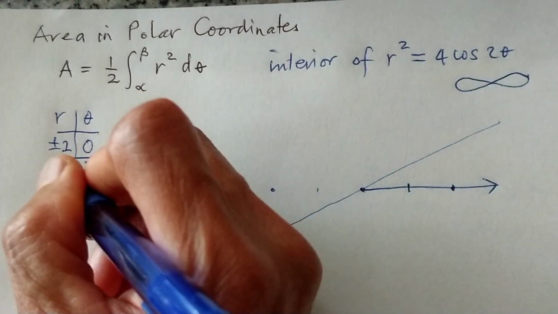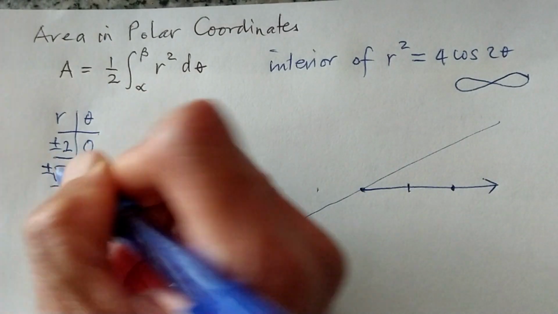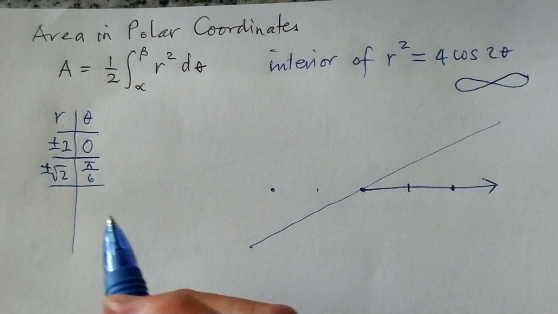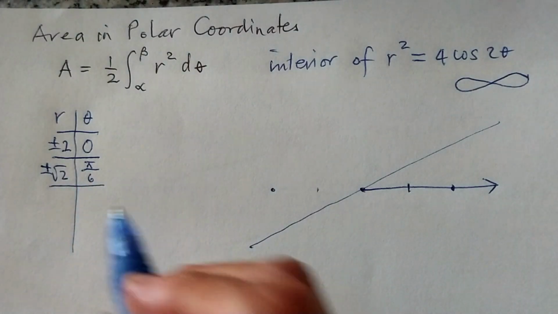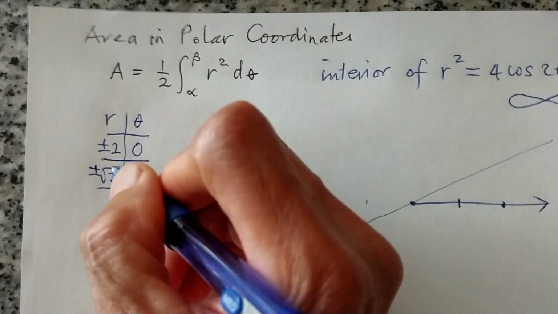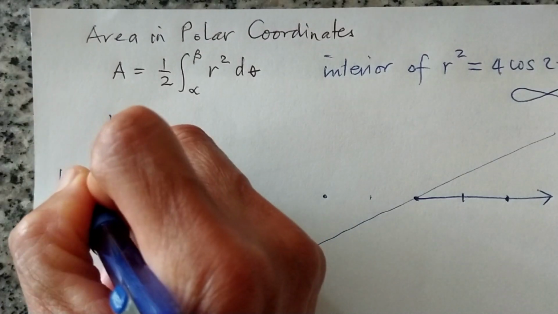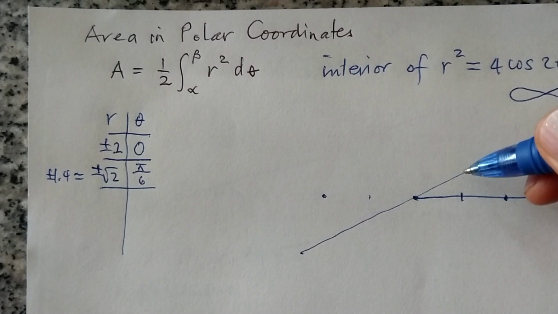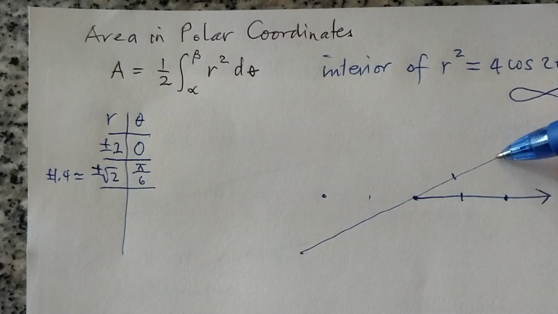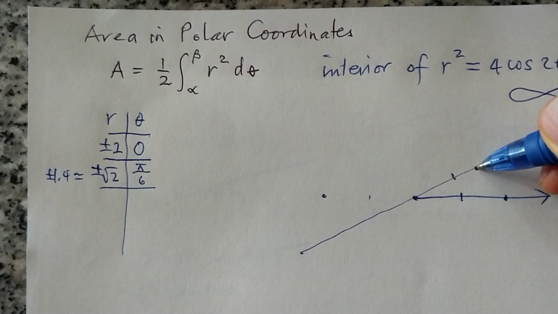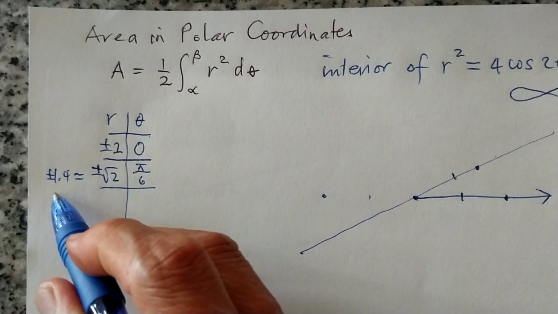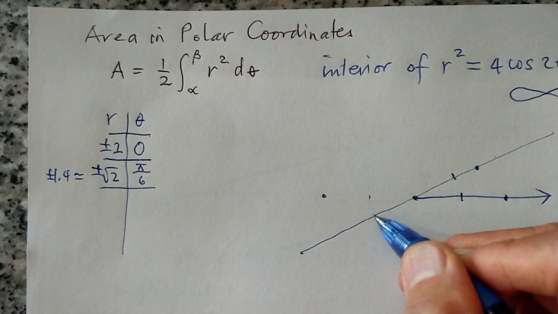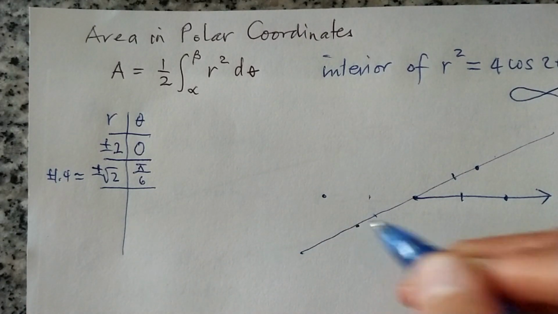Therefore, r is plus or minus square root of 2, and square root of 2 is about plus or minus 1.4. So our graph will be here. This is 1, this is 2, so somewhere here. The negative 1.4 will be in the extension, so somewhere here.